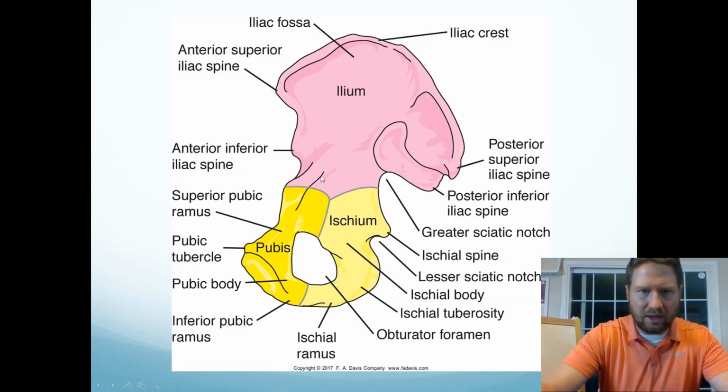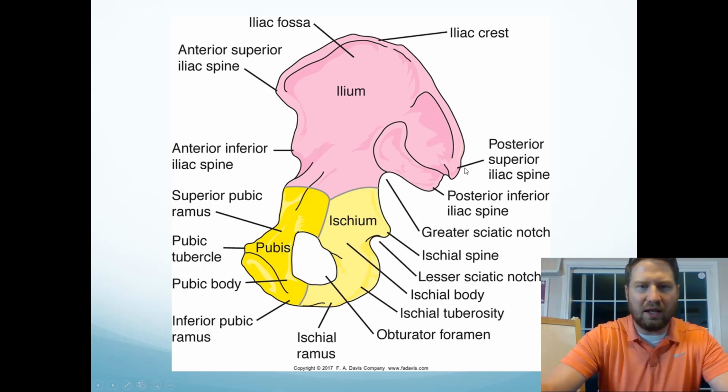And right around here is going to be the acetabulum, that proximal side of the hip joint, right where the 3 bones fuse together. So anterior side, posterior side, remember this is the auricle that's going to articulate with the sacrum and form the SI joint.